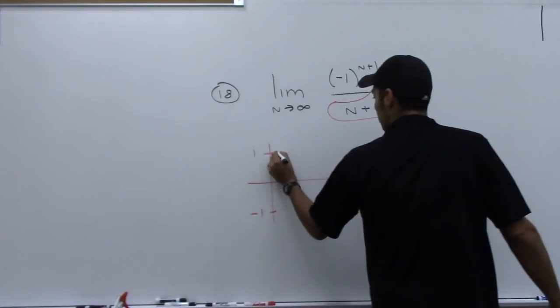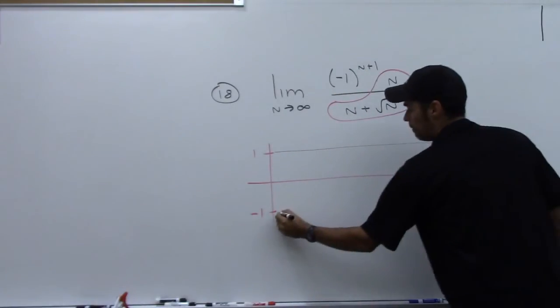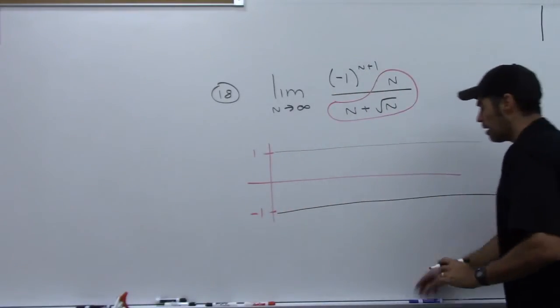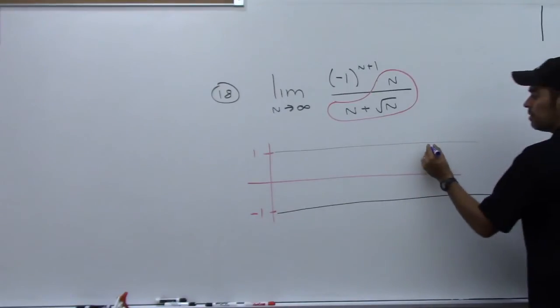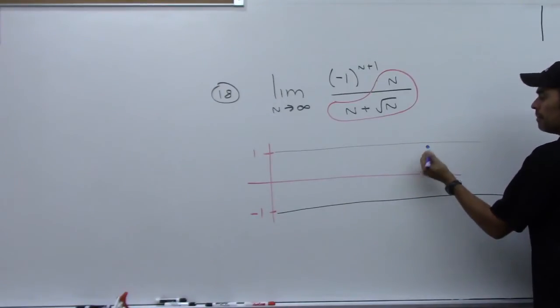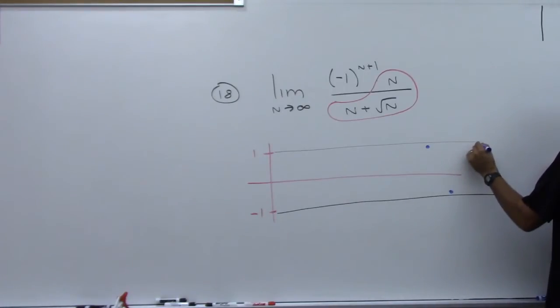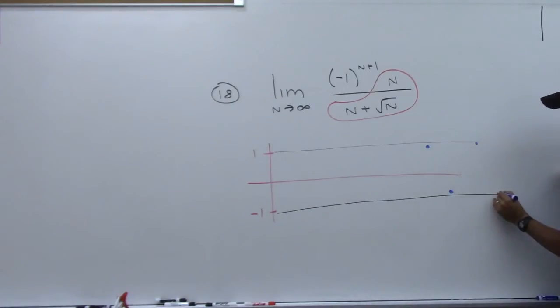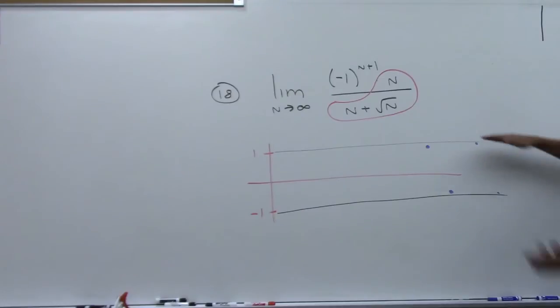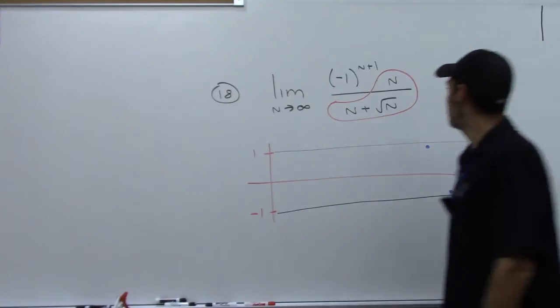If I imagine having a horizontal line out here, the further I go out, my sequence is getting closer to 1, but on the next step it'll be closer to -1, and the next step closer to 1, and then closer to -1, and it keeps doing this. So you're getting this scattered, back and forth, and so you cannot say that this sequence converges.